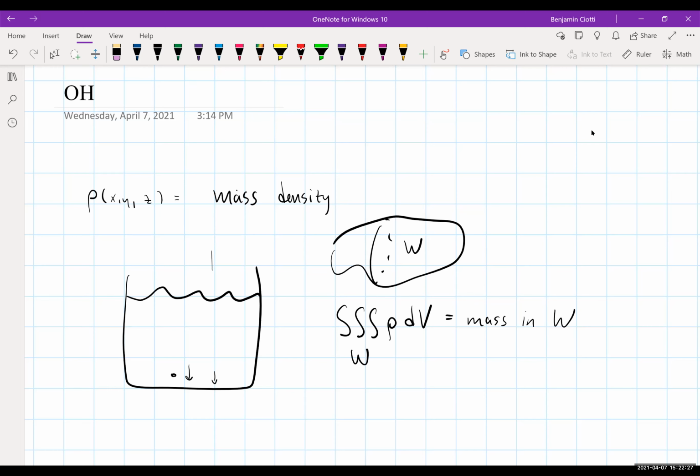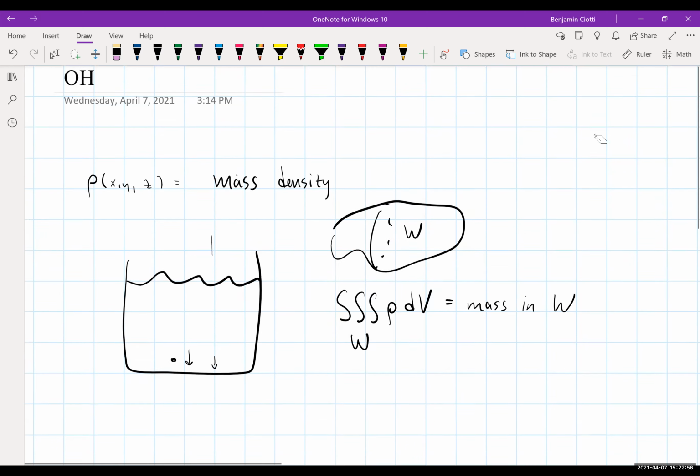Temperature is another one. So if you wanted to find out how much heat was contained in a region, you might want to integrate the temperature over the region. You might want the average temperature. Say in a snapshot in time, you want to find the average temperature in this room. You would integrate the temperature at each point in space and divide by the volume of the room.